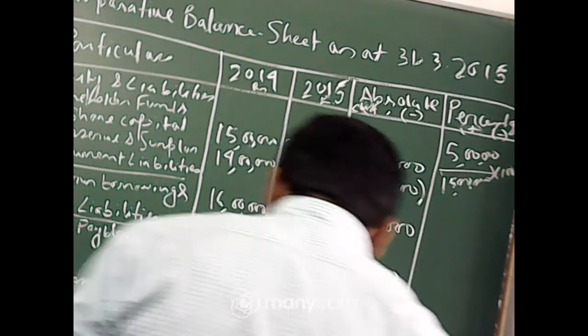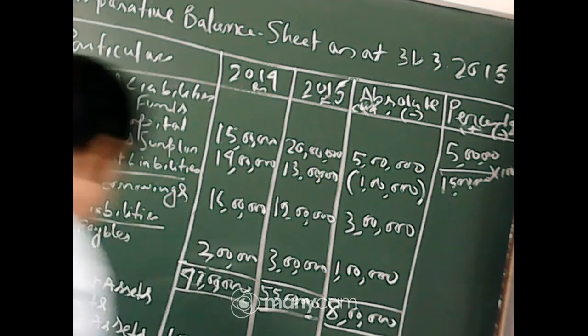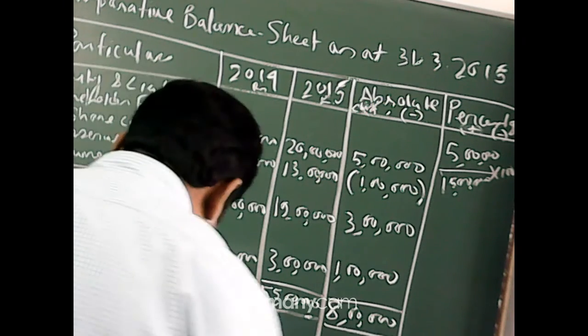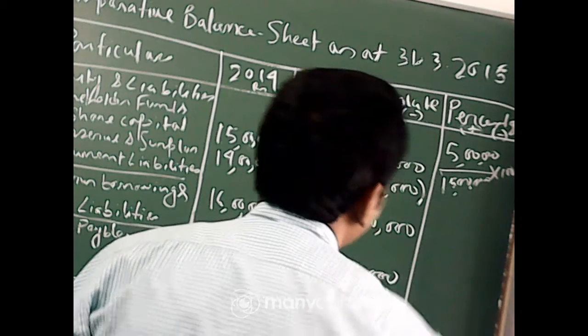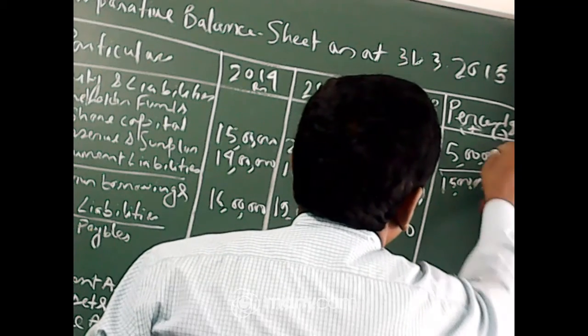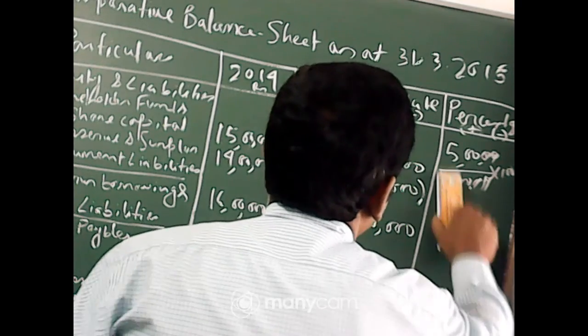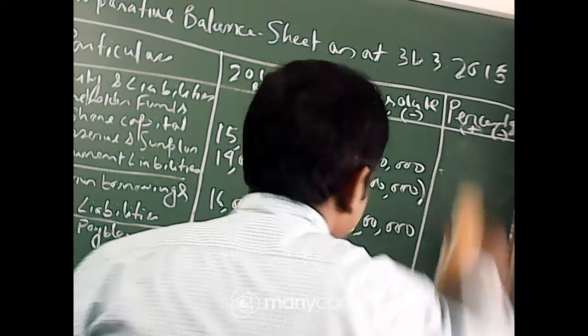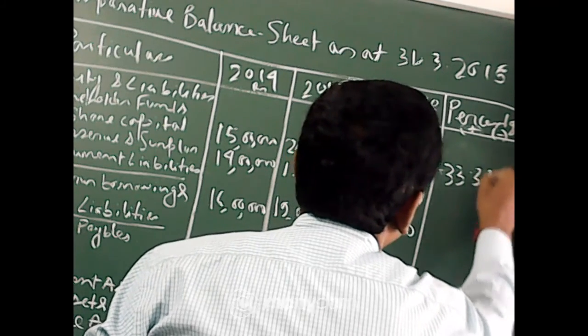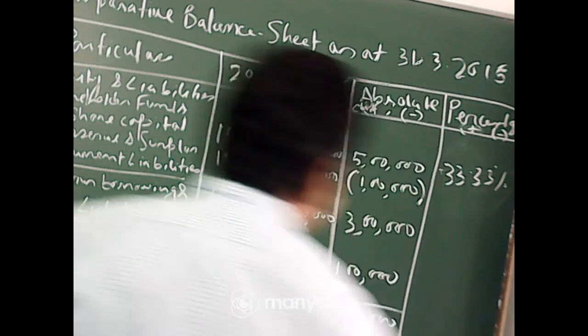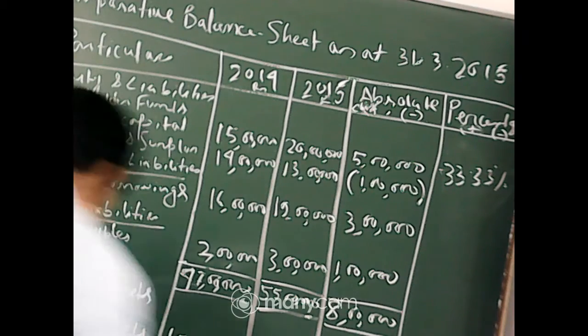You have to multiply with 100. So the figure will become 33.33%. So there is an increase of 33.33%.